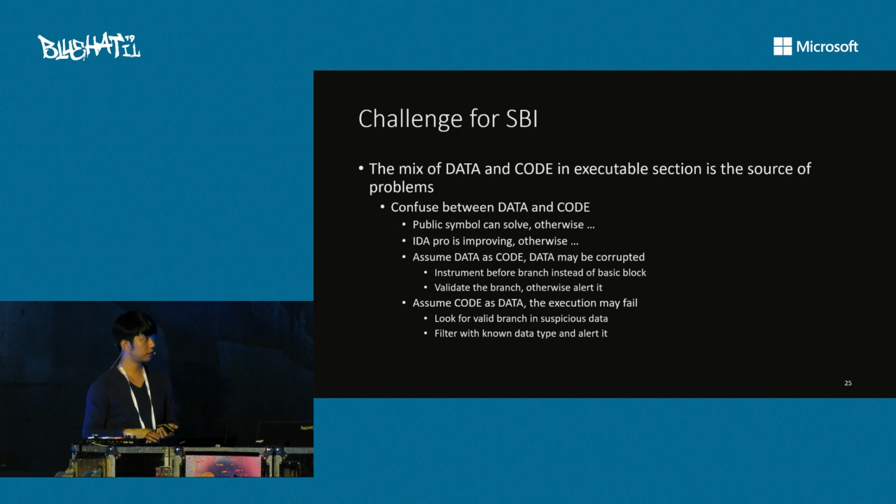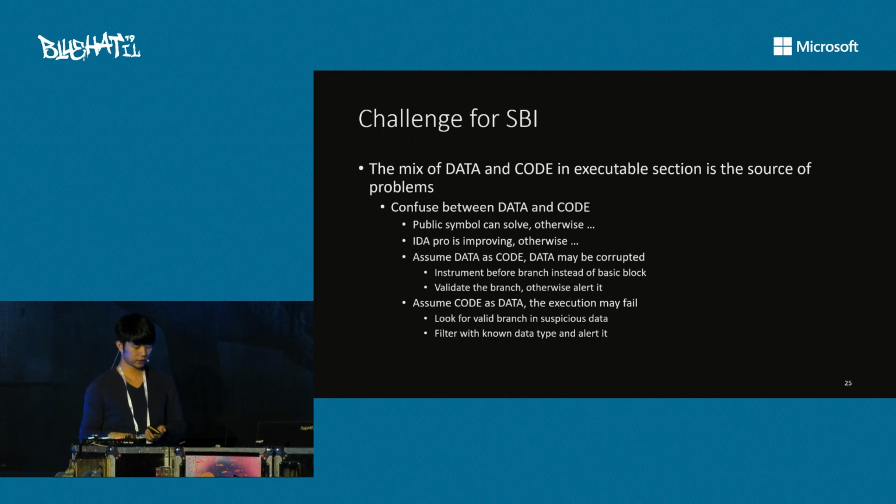For the case that assumed data as code, I instrument before the branch instead of the basic block. And then I validate the target of the branch. If it is invalid, then I alert and fix it manually.